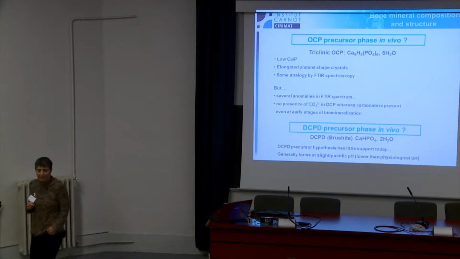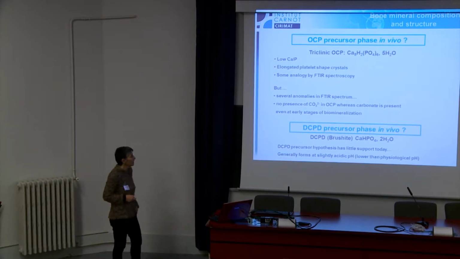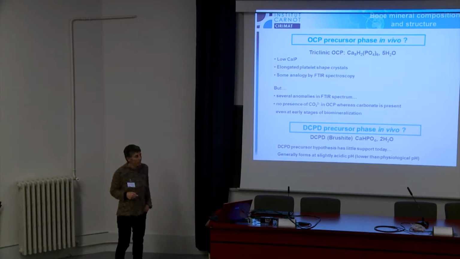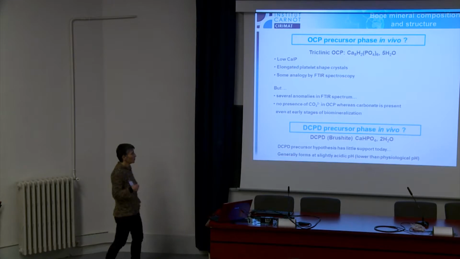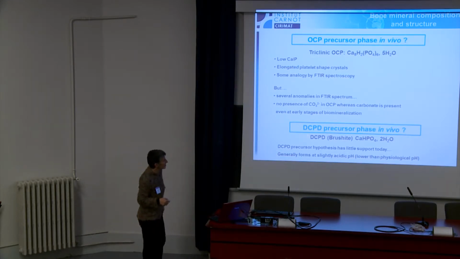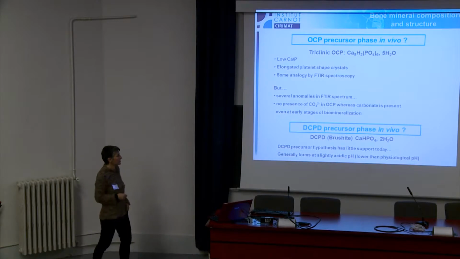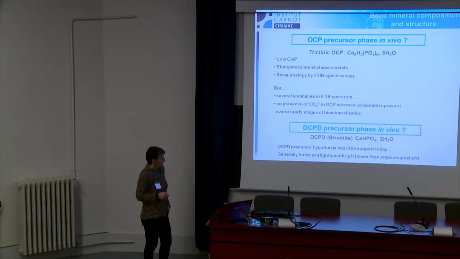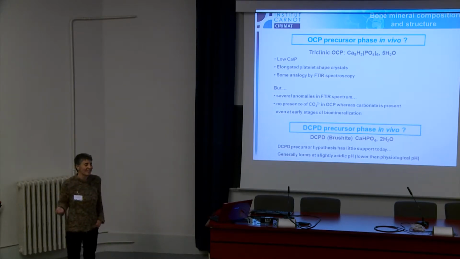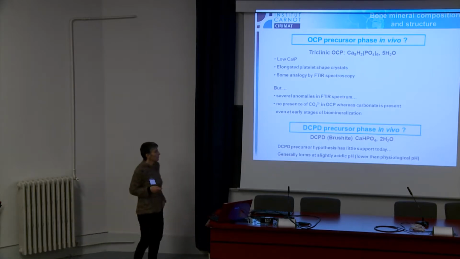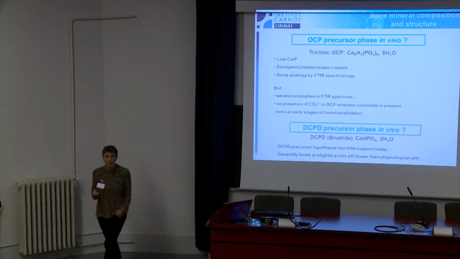Here, just one or two comments on the possibility of DCPD as a precursor phase of apatite in vivo. This hypothesis has little support today. A few years ago there were some studies on this, but now there are fewer reliable studies. DCPD is one of the calcium phosphates formed mostly in acidic conditions, lower than physiological pH.